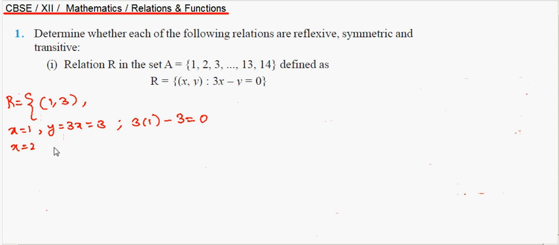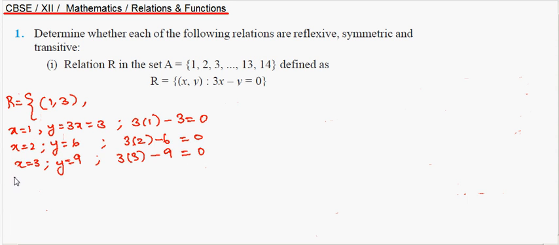If I take x is equal to 2, y will be 3 times 2, that is 6. So this also satisfies the relation because 3 2s are 6, 6 minus 6 is 0. And when x is equal to 3, y is equal to 3 3s are 9. So this also satisfies because 9 minus 9 equals 0. x is equal to 4, then y will be equal to 3 times 4, that is 12, and 12 minus 12 is equal to 0.